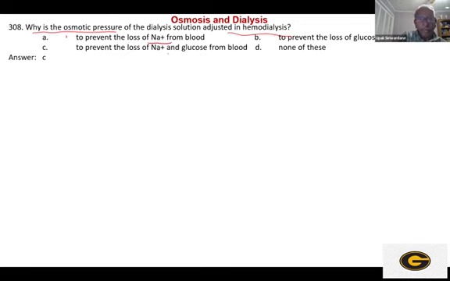It removes glucose, to prevent loss of sodium, prevent sodium loss and glucose loss. But the urea is passed.